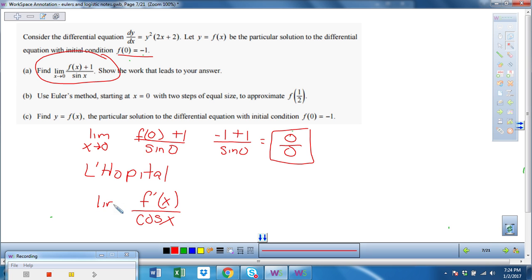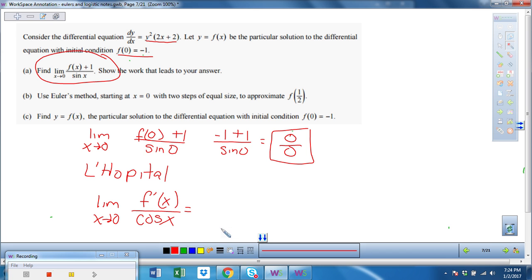And also, they're very particular about notation. So you want to make sure that you're writing the limit as x approaches 0. If you don't write it, they consider that to be wrong. And so to find f prime of 0, we would simply use this expression.